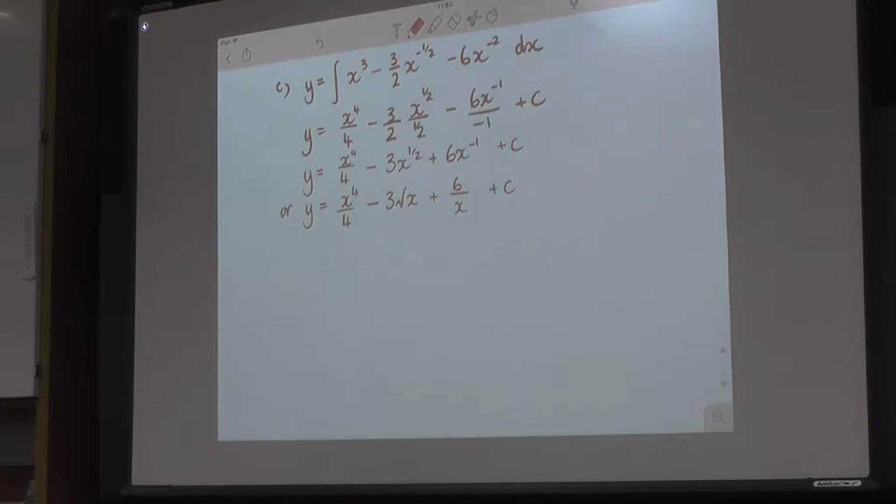Okay. We'll do E now. So we're going to add 1 to the index and divide through by the new index.